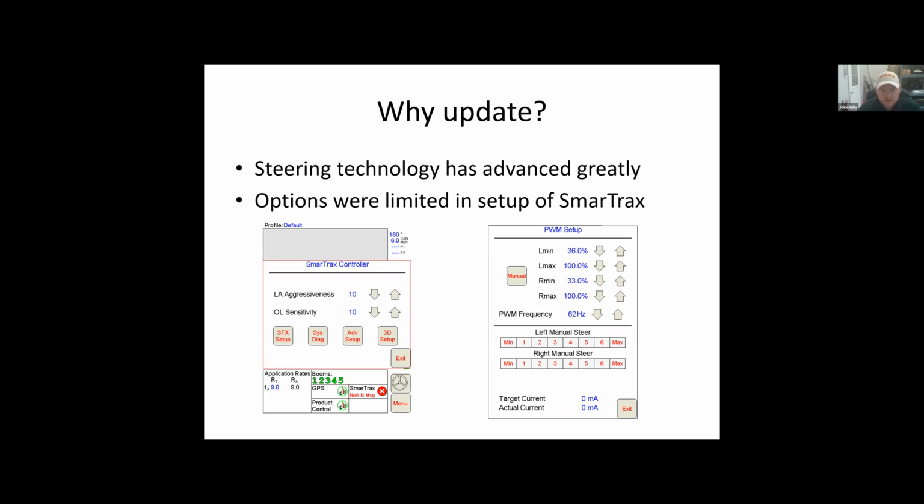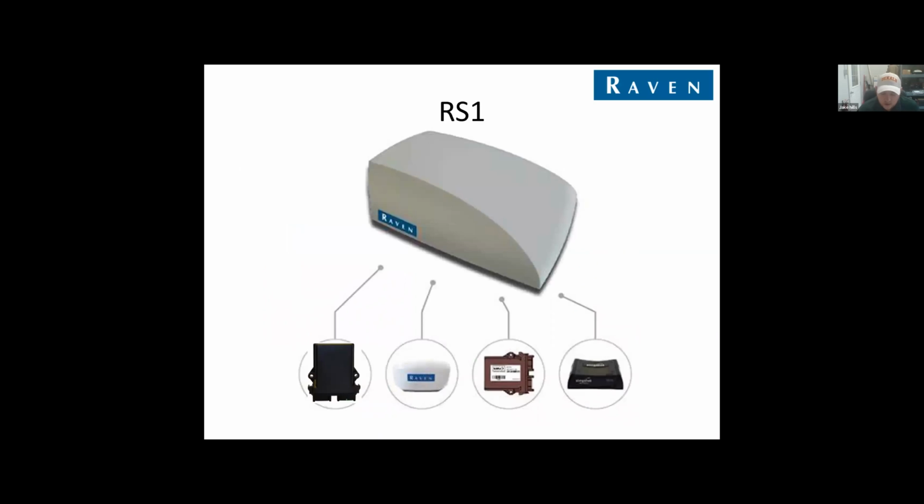So why update? Again, because steering technology has greatly improved since then. Options were very limited on what the SmartRX system could do. It did have an integrated built-in gyro in that system, which had some issues when it came to a front boom machine or changing field conditions.